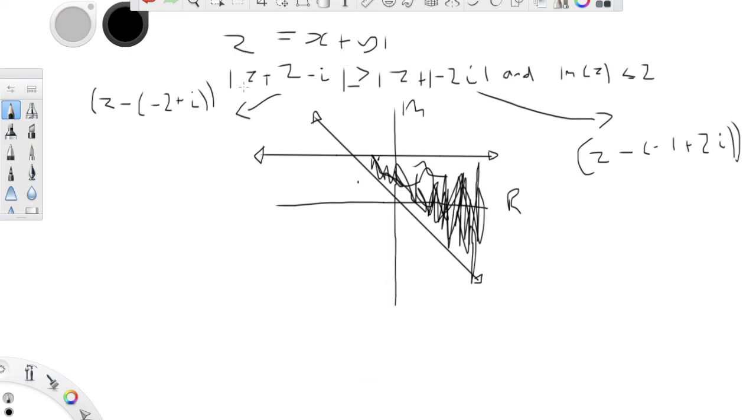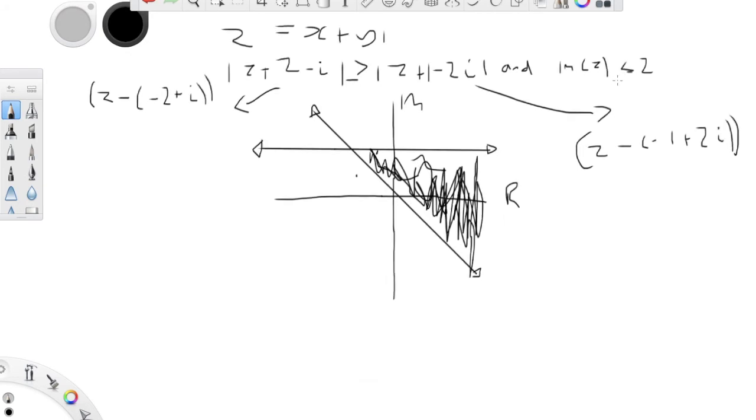Now, second question. Let's just fix that canvas.